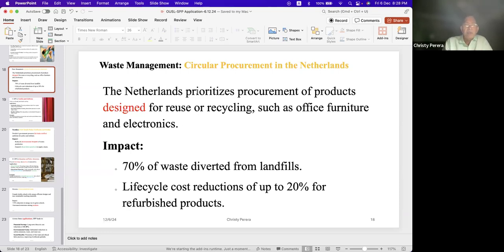That's why we have put it here. Impact, 70% of waste diverted from landfills. Other days, they put it under the land, but now 70% is diverted from landfills. You can understand, life cycle cost. Reductions of up to 20% for refurbished products.